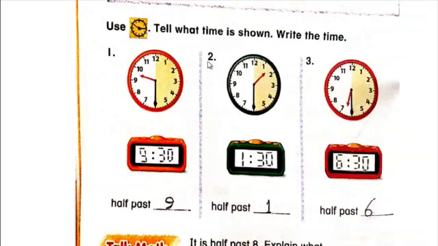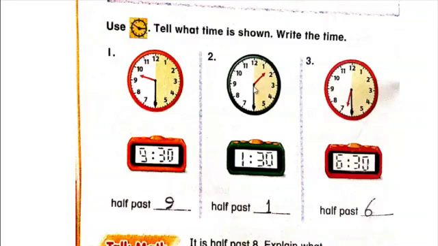Okay? Here, example number 2, an analog clock. First, look at the hour hand, it is in between 1 and 2. This passed 1 but didn't reach 2. So right here on a digital clock on the left side, in place of hour, 1.